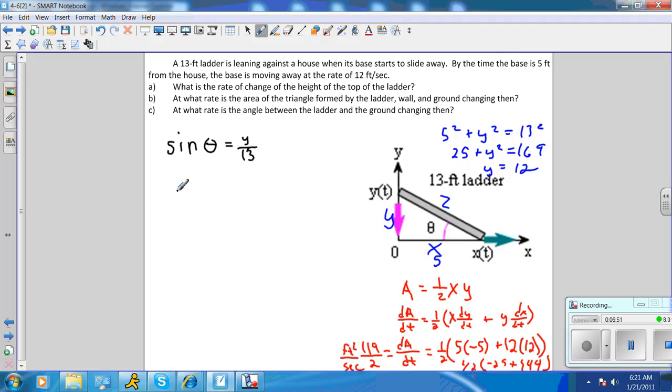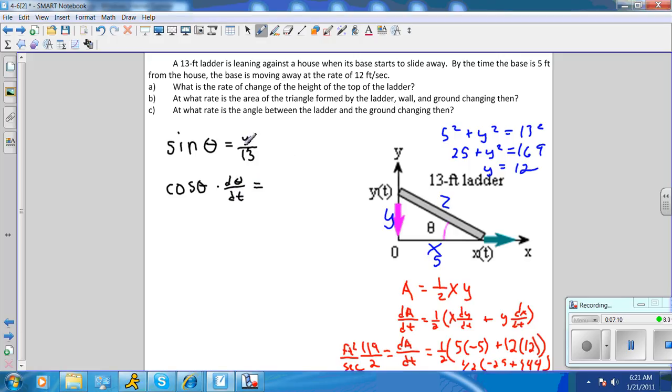And do a derivative. The derivative of sine theta is cosine theta times the derivative of the inside, which is d theta/dt. The angle's changing, so that makes sense.